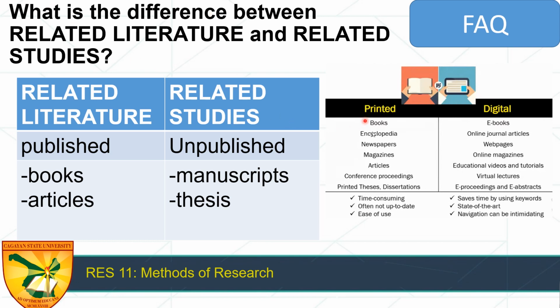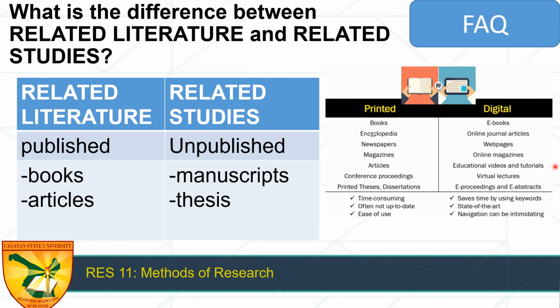So therefore, you can find your review of related literature and studies in printed and digital formats. Printed, you have books, encyclopedia, newspapers, magazine articles, conference proceedings, your printed theses and dissertations, which could be time-consuming and often not up-to-date, but it's easy to use. And digital format, your e-books, online journals, web pages, online magazines, educational videos and tutorials, virtual lectures, e-proceedings, and e-abstracts.